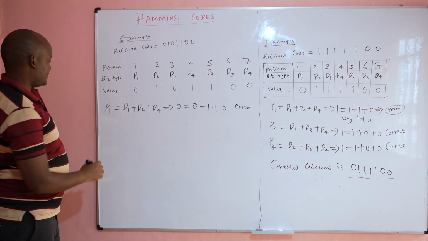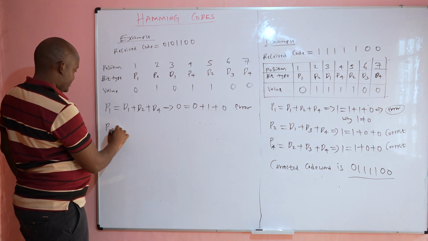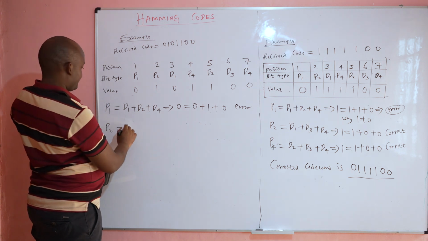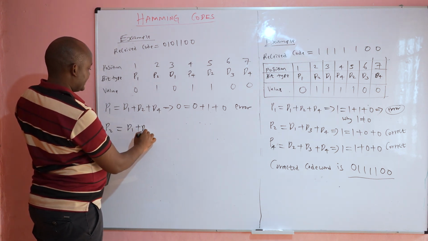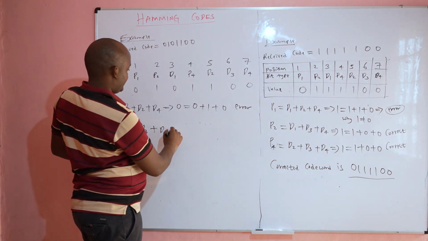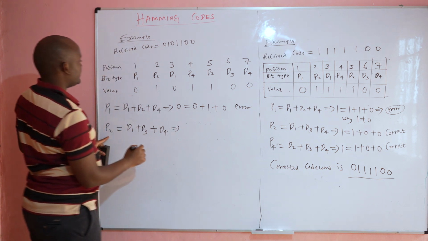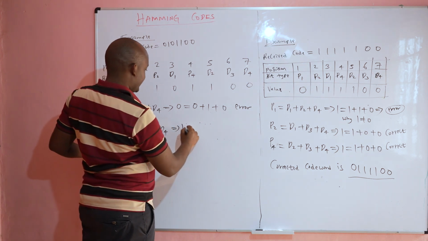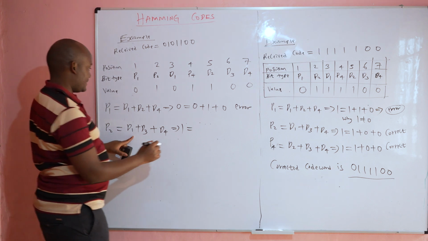For the second case, our P2 is given by what? D1 plus D3 plus D4, which implies that what is our P2? P2 is given as 1. They should be given by what?